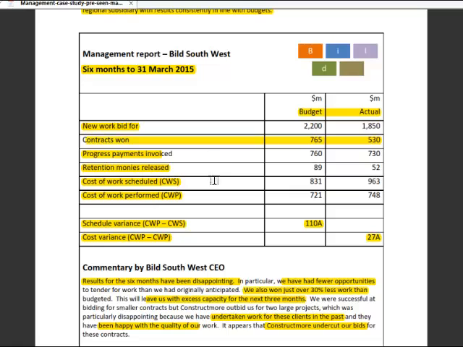Cost of work scheduled, CWS, cost of work performed. And again, what is the relationship? What do these schedule variances actually mean? We'll look at this in film 2, of course, very carefully. But does this tell somebody that doesn't understand the relationship of work scheduled to work performed? What does it mean? Does adverse mean?